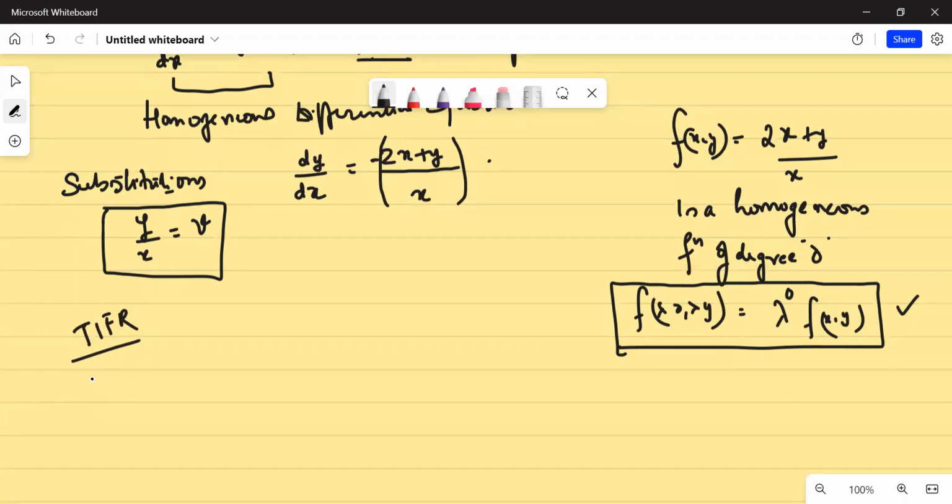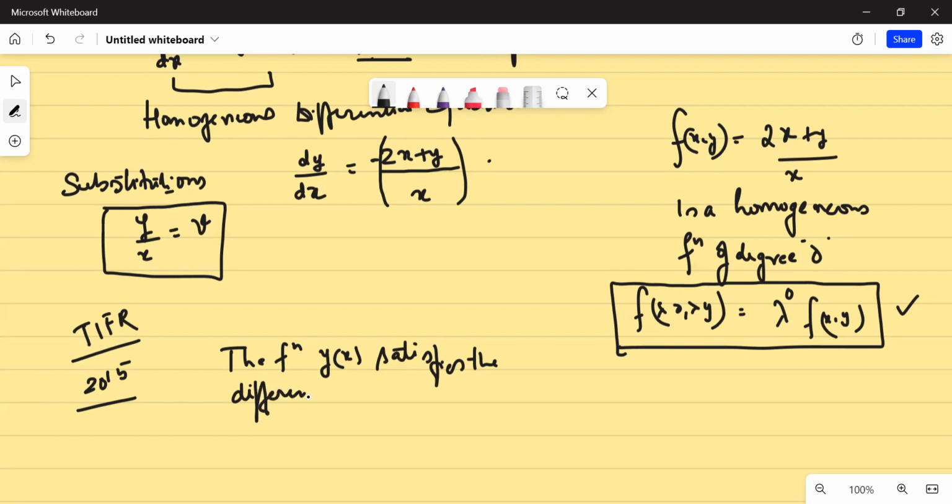This was asked in TIFR 2015, and it is a simple question: the function y(x) satisfies the differential equation given by x dy by dx equals y times (ln y minus ln x plus 1).